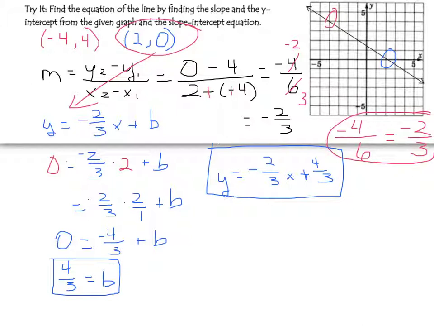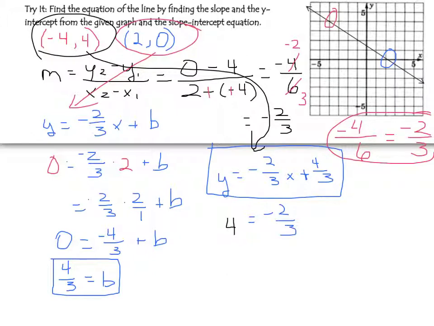To check our answer, we're going to take this point and plug it in to this equation, and when we do that we get y is 4 equals negative 2/3, x is negative 4, but we're going to go ahead and change that to a fraction so that we can do our multiplication, and then plus 4/3.